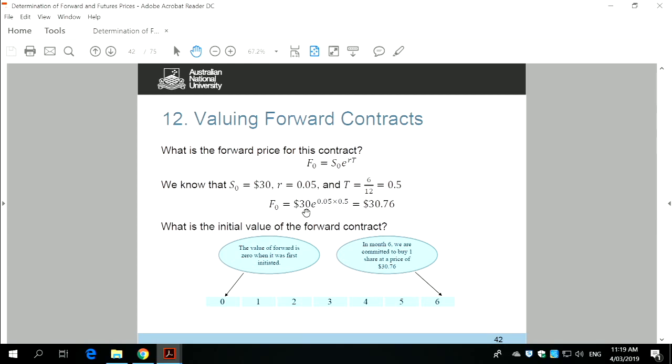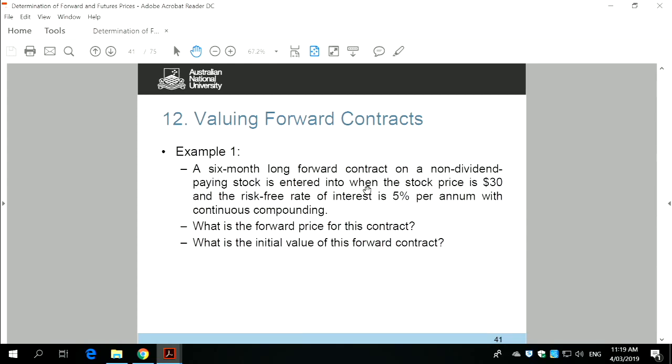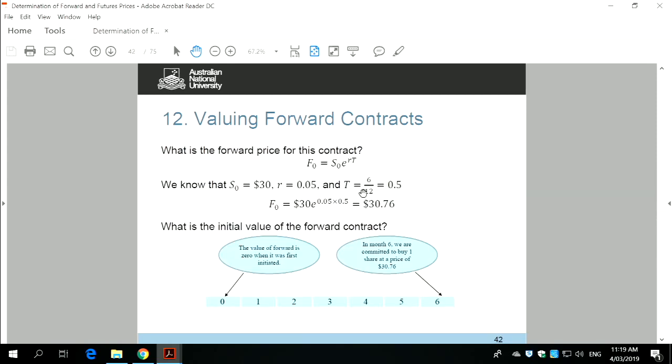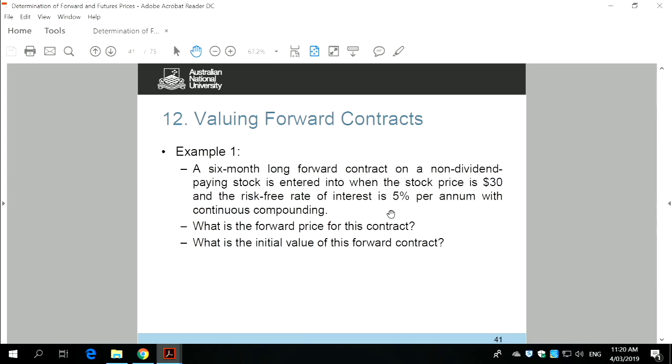That's what the stock is trading at today. And the risk-free rate is 5%. This forward contract happens 6 months later, so 6 divided by 12 expressed as a fraction of a year, and you get the forward price written on this non-dividend paying stock as $30.76, right? So it's really easy to answer the first question.